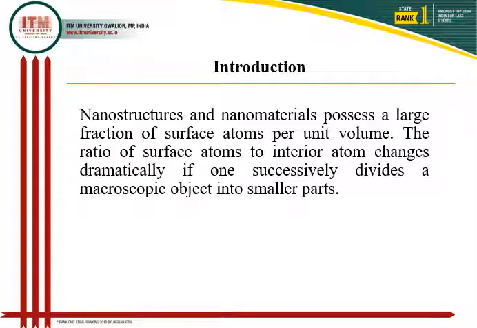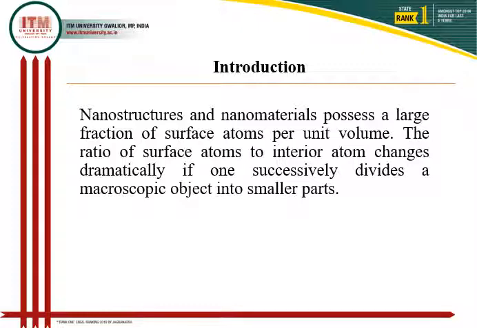Normally the size of the atom of any material is about 1 nanometer or something. Now if you are having a system of 10 nanometer or 50 nanometer, then it consists of several atoms.